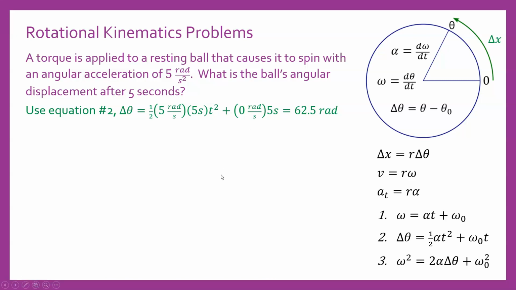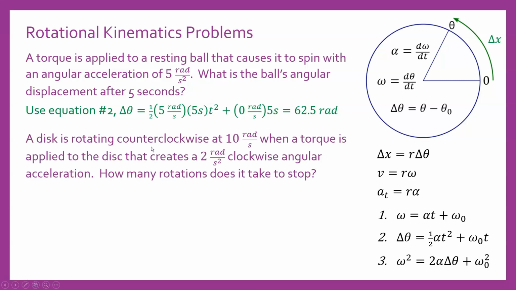Let's look at another problem. A disk is rotating counterclockwise at 10 radians per second when a torque is applied to the disk that creates a 2 radian per second squared clockwise angular acceleration. How many rotations does it take to stop rotating? Well, here we have to remember direction-wise that counterclockwise is positive and clockwise is negative.